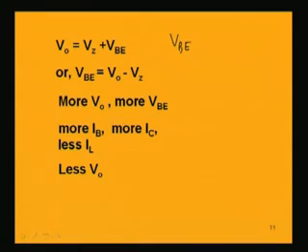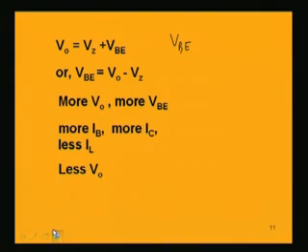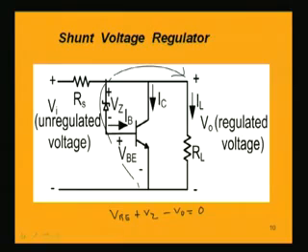VBE, we are starting from this point, so VBE rising voltage plus VZ minus V0 equal to 0. So that means we can write V0 equal to VZ plus VBE.